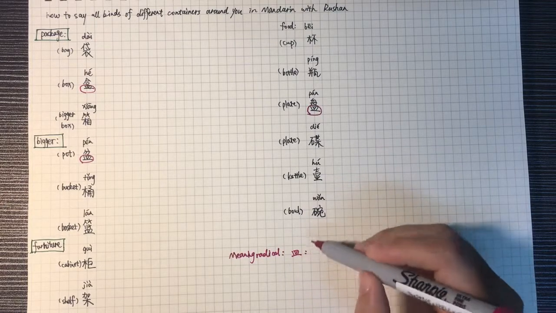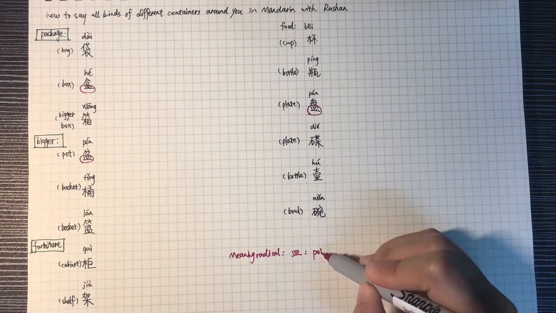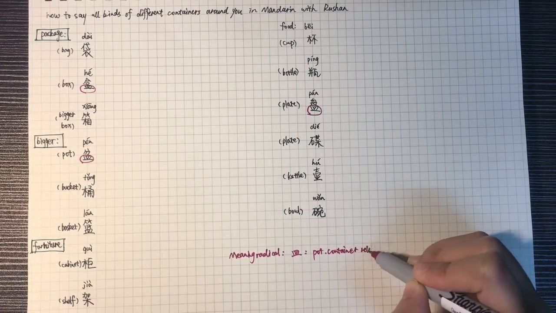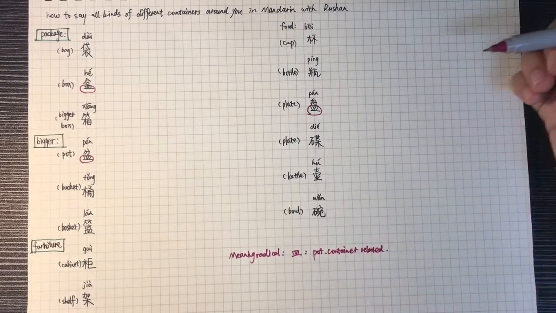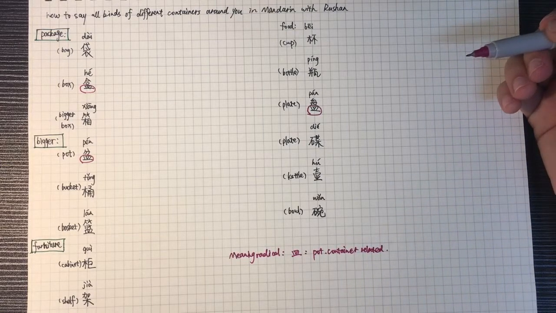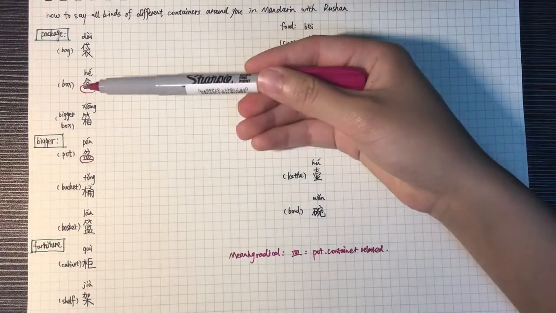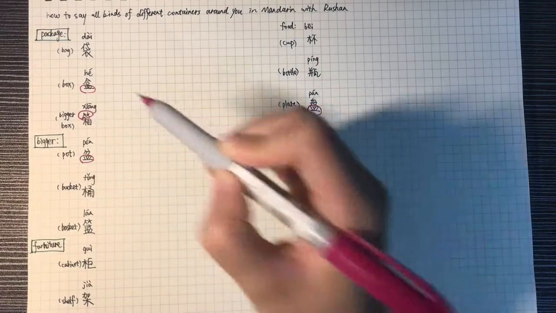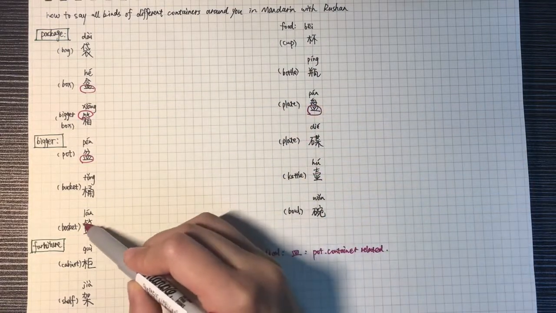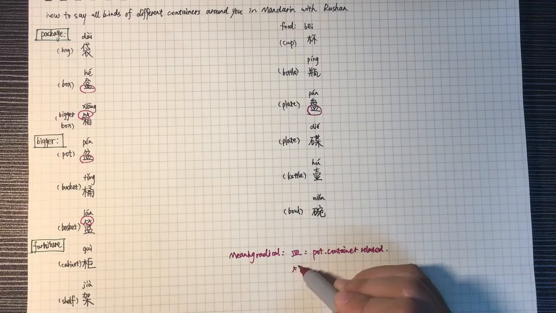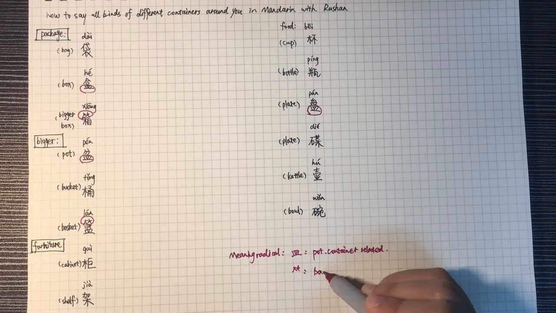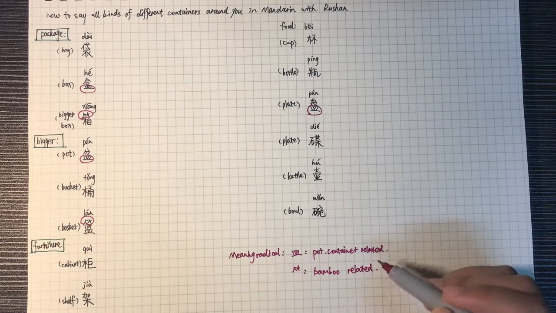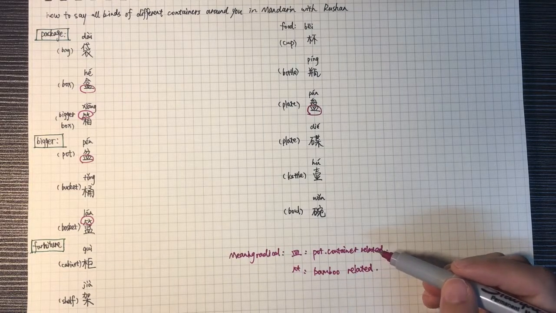This one is about pots and containers, therefore a box, a pot, and a plate. What else can we see? We can also see this meaning radical in these two, and this one is about bamboo.